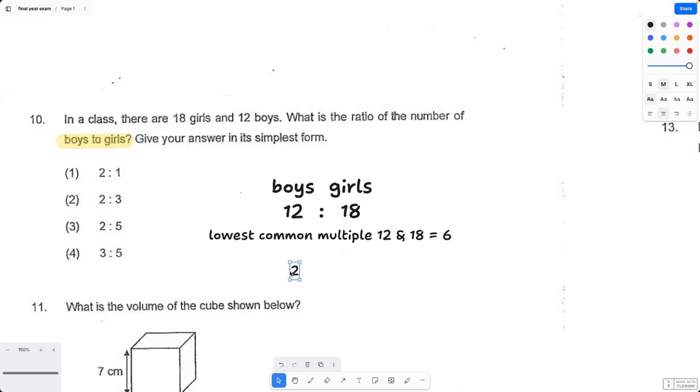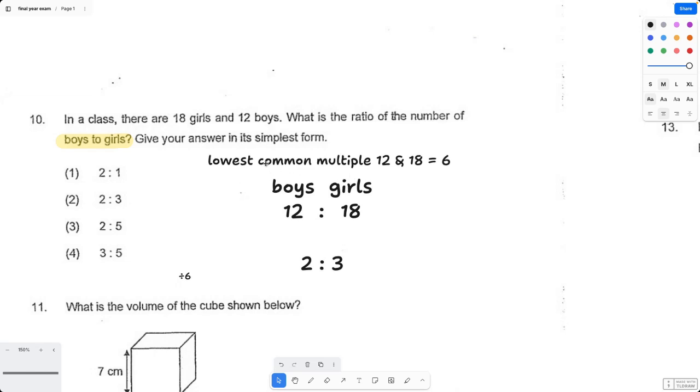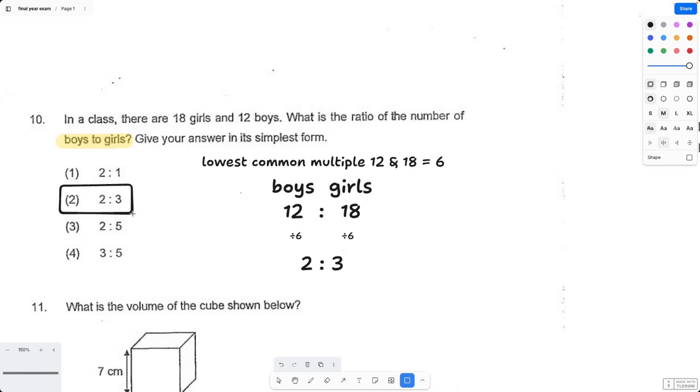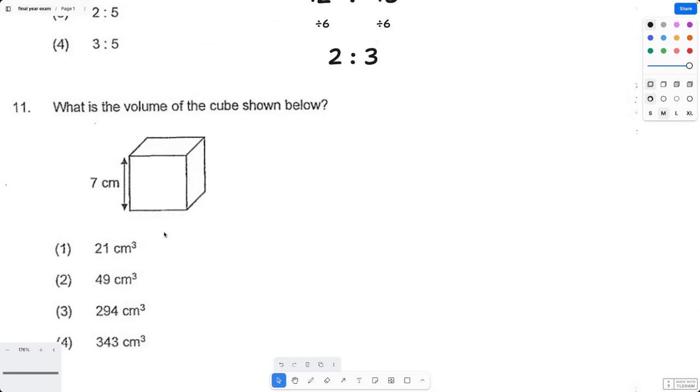So this will be 2. 18 divided by 6 is 3 in this case. So we just divide by 6 for both. That's it. So the answer to this is 2 to 3. Let's move on to the next question, question 11.